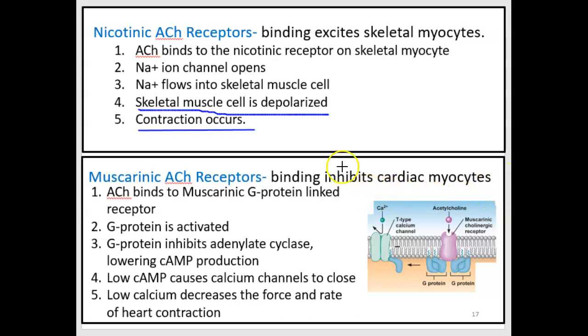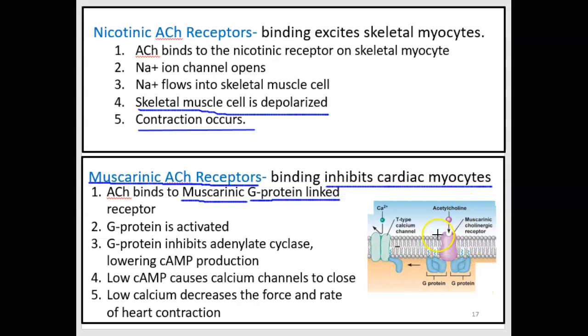Now, muscarinic receptors don't work like the GABA inhibitory ones. They are inhibitory in cardiac muscle cells, but a different mechanism is used. Acetylcholine from the neuron binds to a receptor, a muscarinic receptor, on cardiac muscle cells, and this receptor is linked to a G protein.